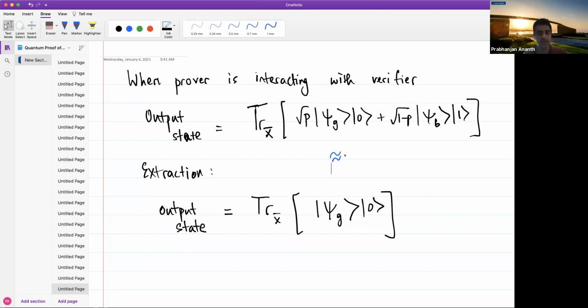So this is sort of necessary to argue that the verifier's output state should be computationally indistinguishable in the real and the ideal world. In Watrous's paper, it is the conditional state that is indistinguishable, right? Yes. So if you take the output state up here, measure that it's 0, and then renormalize, that would be indistinguishable from the one down there.